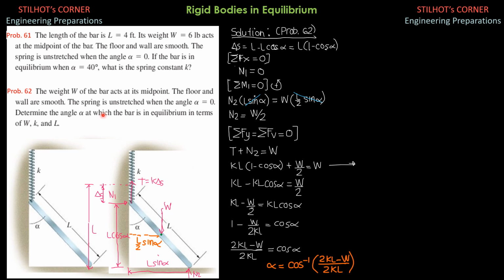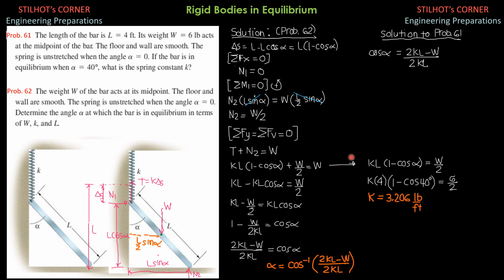Then for problem 61, we now use these results to simplify. So cosine of alpha is from this equation here, but I will not use that final form. I'll go back to this part here.